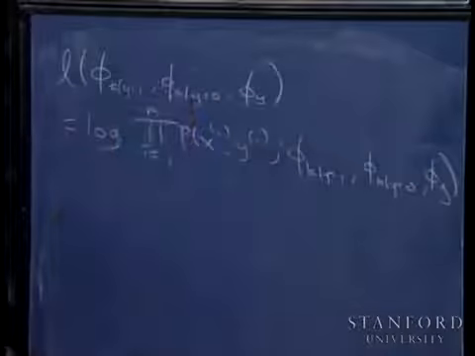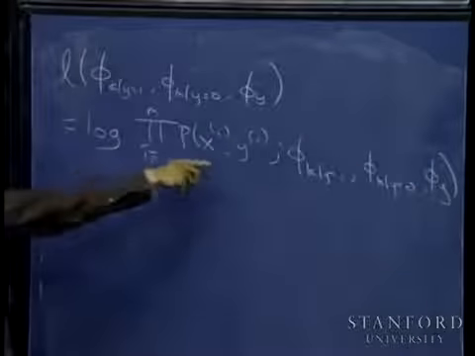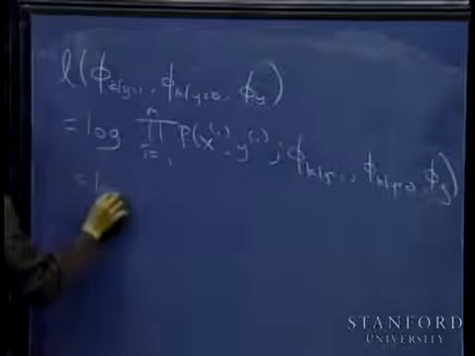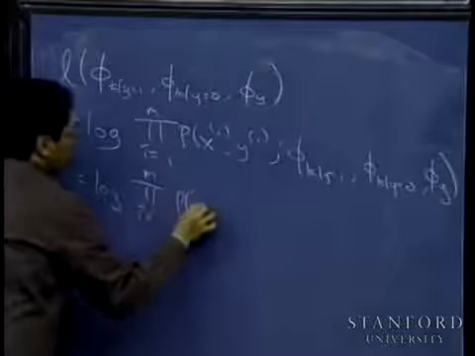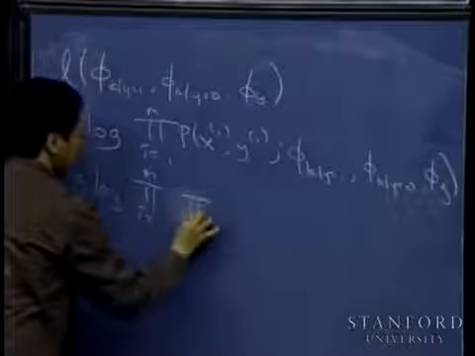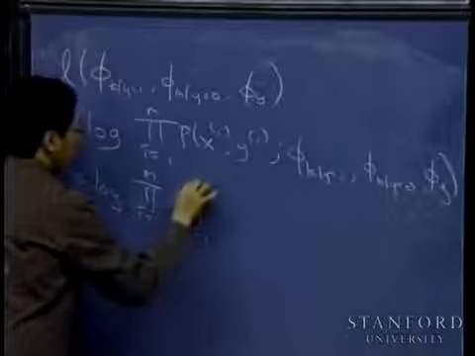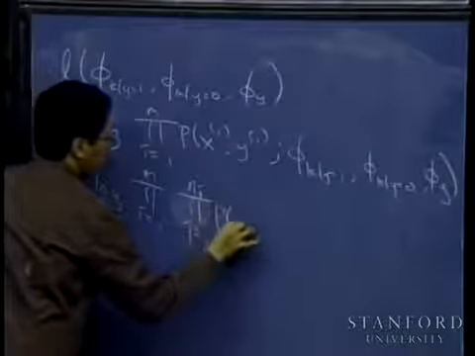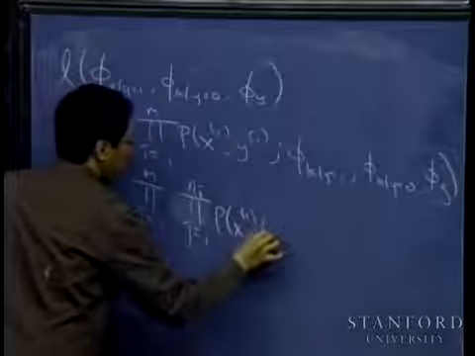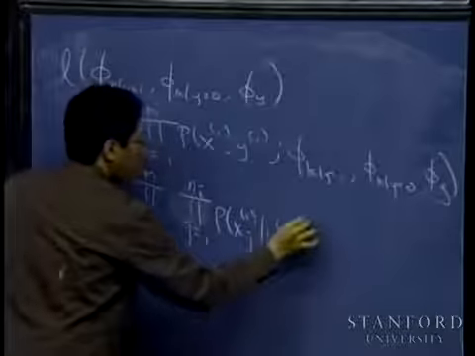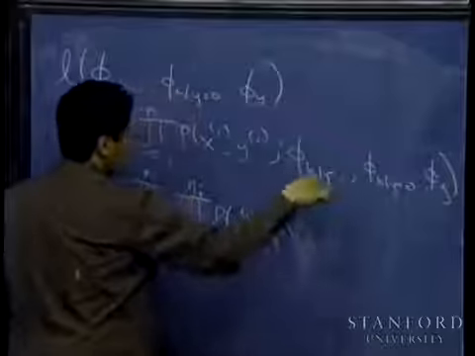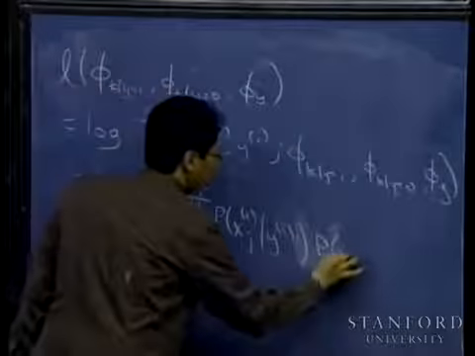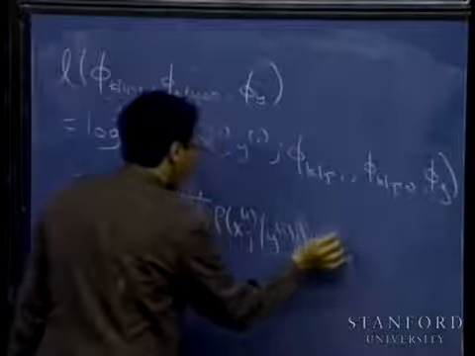Where p of xi comma yi is given by the product over xij given yi, parameterized by, well, I'll just drop the parameters to write this more simply.